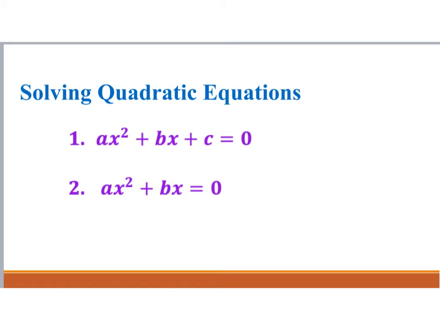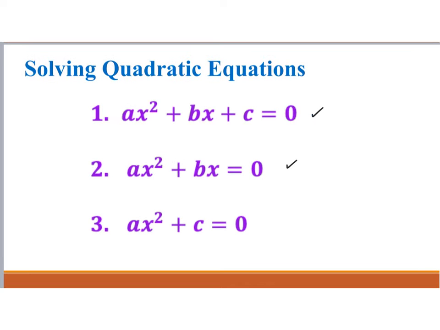In the previous lessons, we learned how to solve quadratic equations of these two forms, ax squared plus bx plus c equals 0, and ax squared plus bx equals 0. Today, we are going to learn how to solve a third kind of quadratic equation, one that is of the form ax squared plus c equals 0.